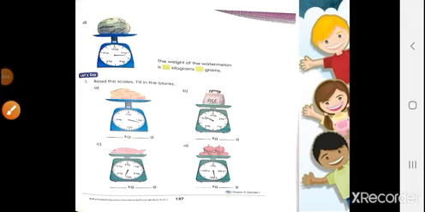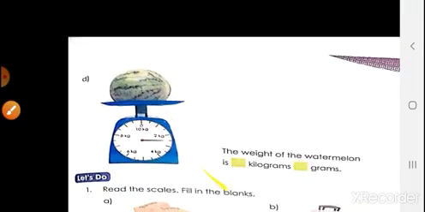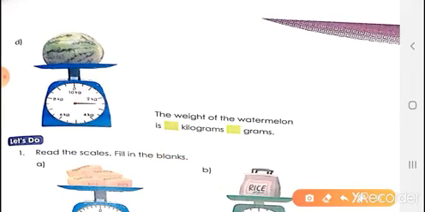So here you can see on the same page that we have a watermelon and a scale. The first thing we have to do is find out the weight of this watermelon. The first thing we have to do is look at the scale.